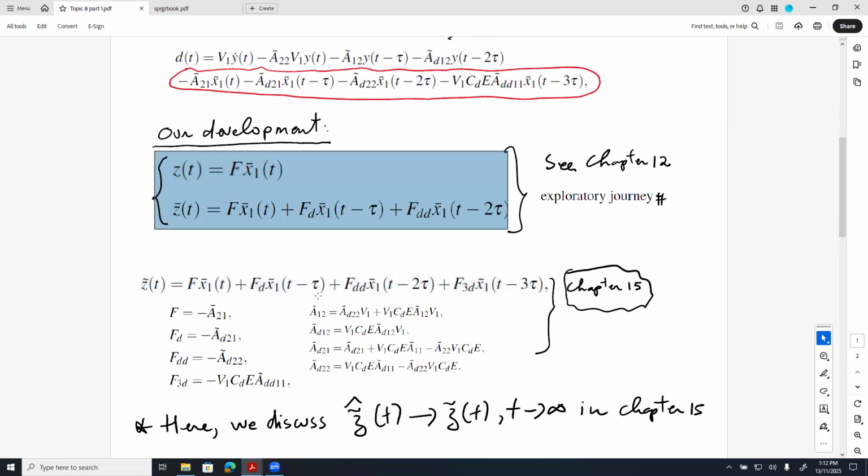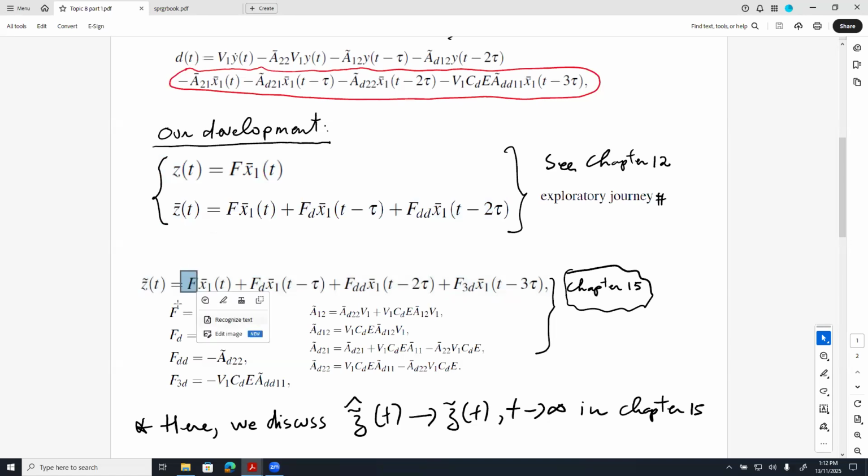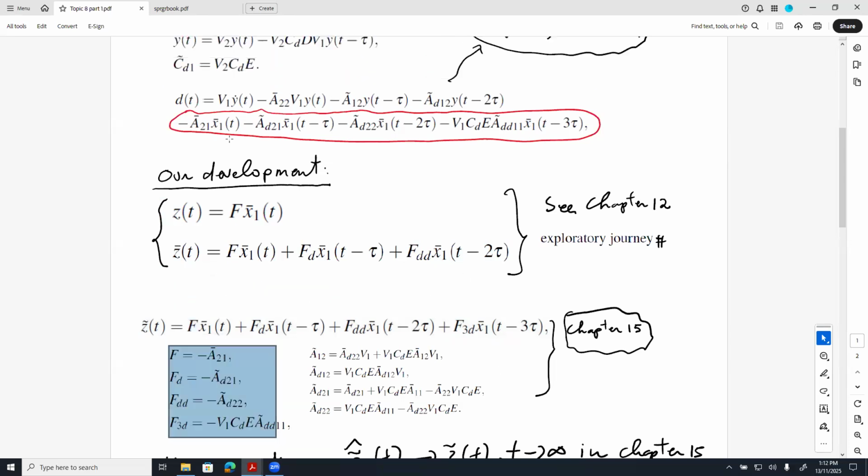What we would like to do is design generalized functional observers for estimating these general functionals. When we look at it, these matrices are associated with the decomposition of the unknown input.